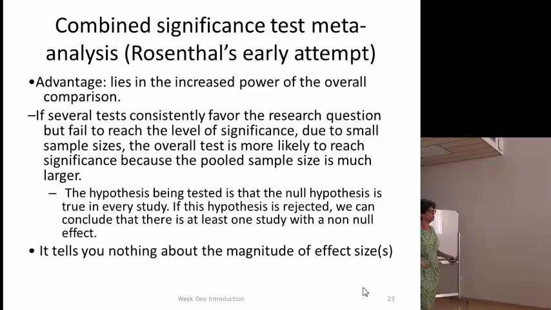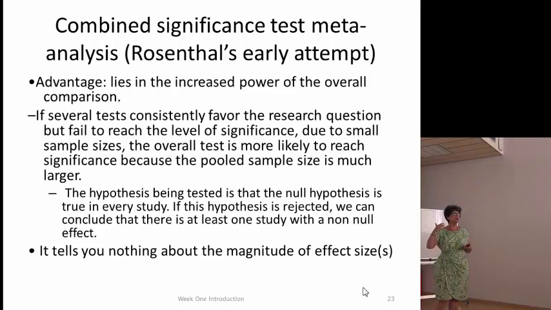So the logic here is that, let's say you have several tests that are consistently in the right direction. Okay, so they all look as if the treatment is working, but none of them reach conventional levels of statistical significance. You can hypothesize that the reason that they are not statistically significant is in fact due to the low power of the studies.